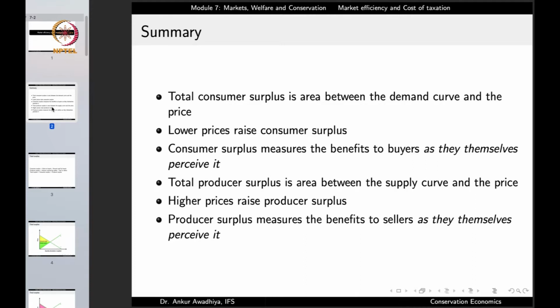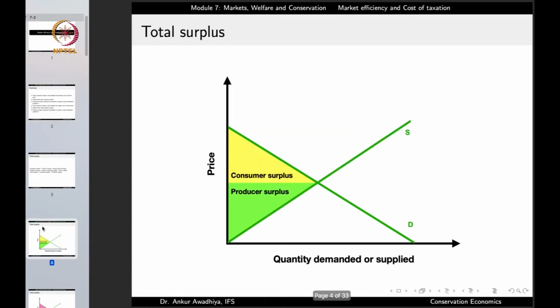We had observed that total consumer surplus is the area between the demand curve and the price. So this yellow colored area is the consumer surplus.